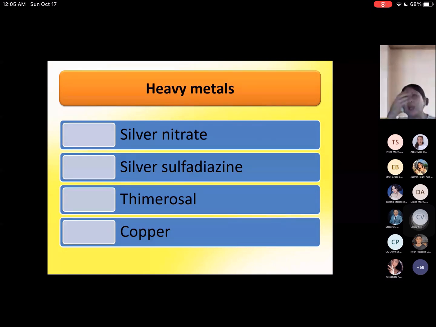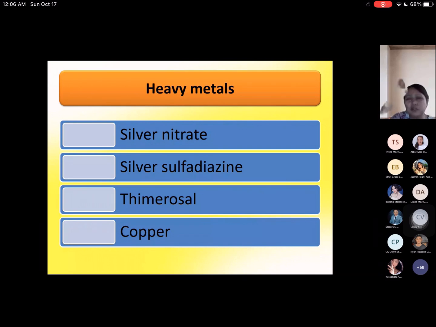If it's not a cream, it is an ophthalmic drop. Usually if the mother has a sexually transmitted disease like gonorrhea, the baby passes through the birth canal when you give birth.